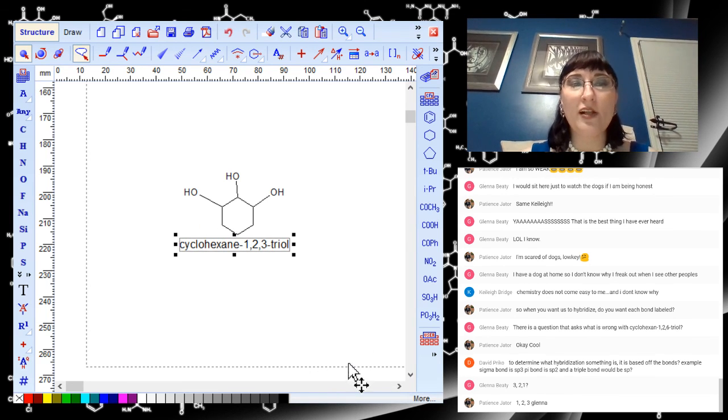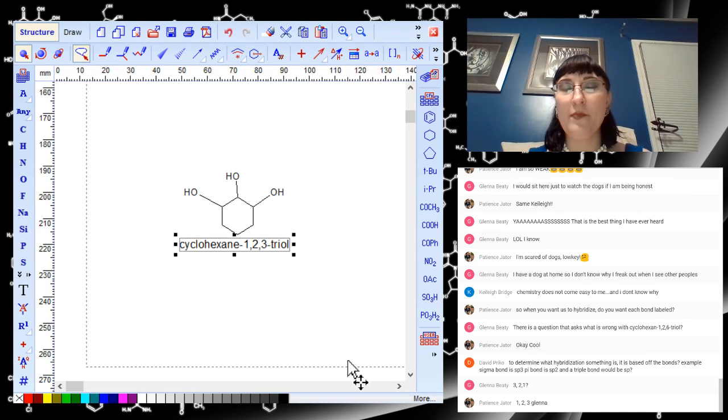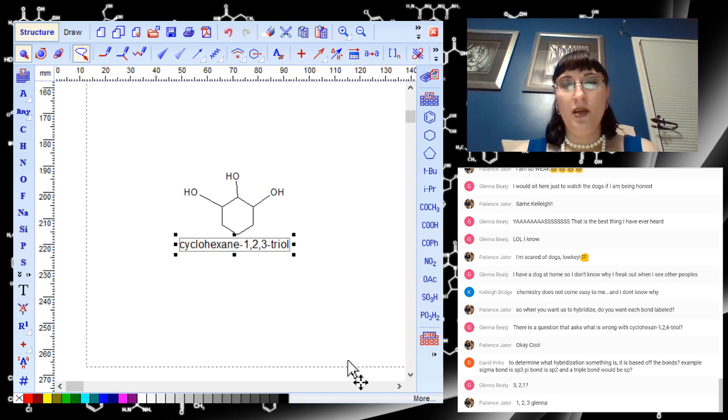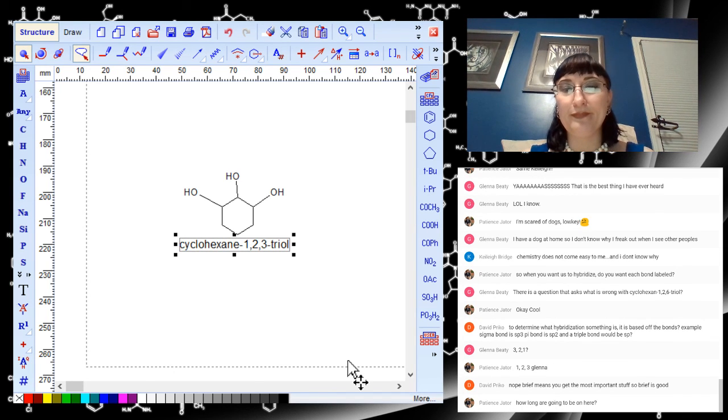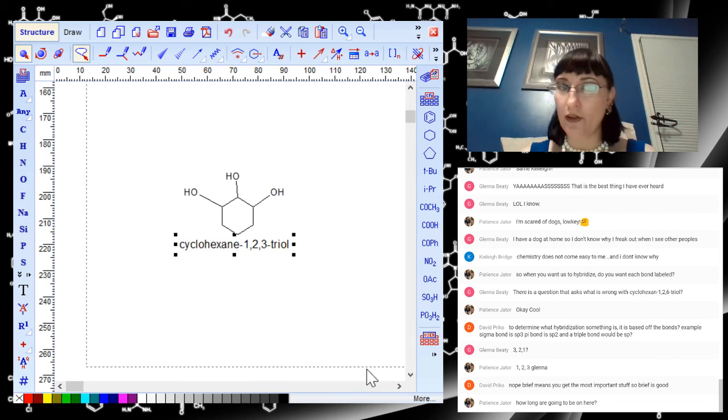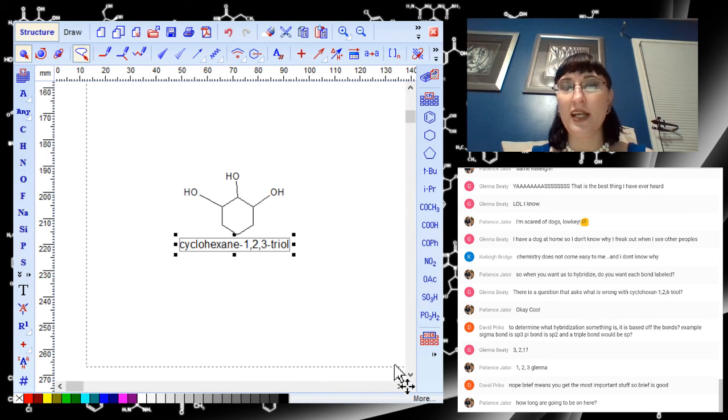If you call that cyclohexane 123 trial, that's a slight, I've basically told you guys just to always leave off the E's. So I would count that as correct, but if you saw this and it said cyclohexane, that's technically the correct way, because you don't want an E next to it, or basically two consonants next to each other. It's like how we call things monooxygen, we call them monoxygen.